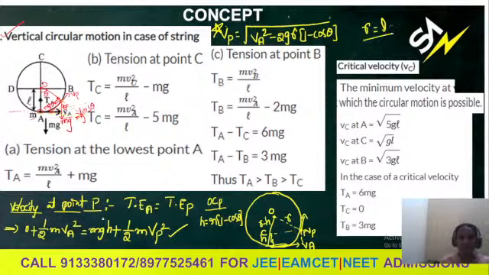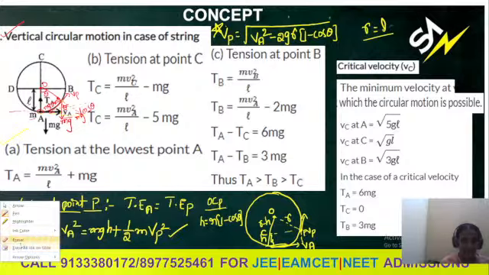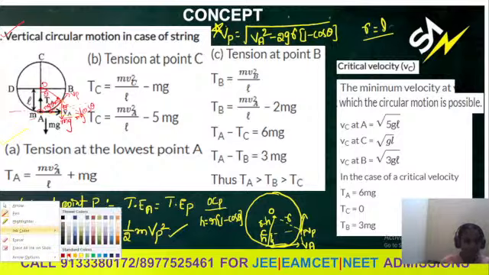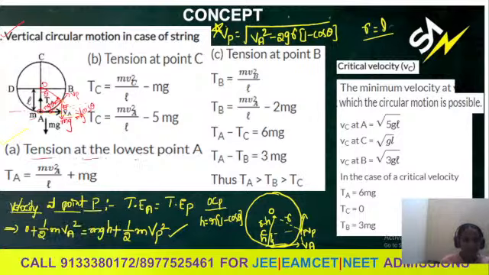Now we consider tension first. We got velocity at any point in its journey. With this equation we can find tension at the lowest point A. We can see this is the lowest point. Tension at the point is acting normal to the reference line and towards the center, weight acting downwards.